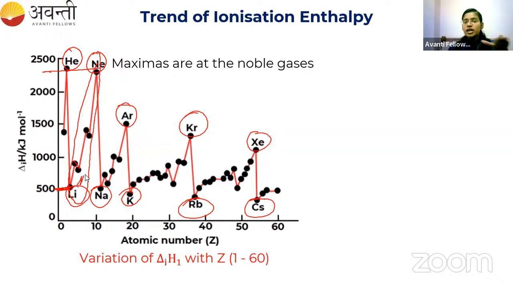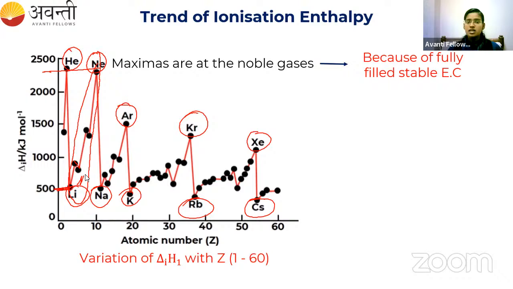So in a particular period, going from left to right in the periodic table, the noble gases have the highest ionization energy because of the fully filled stable electronic configuration.